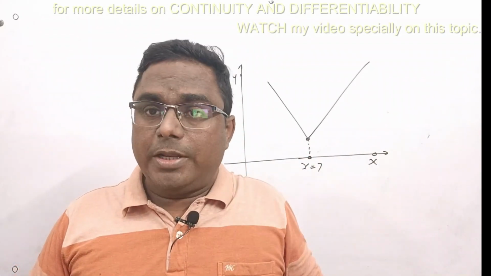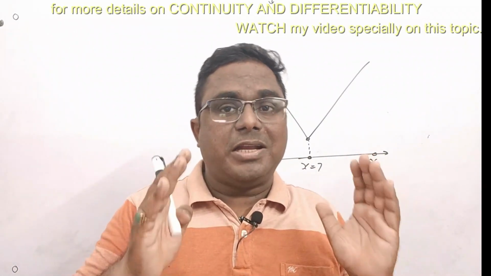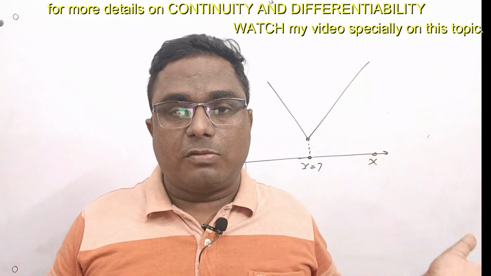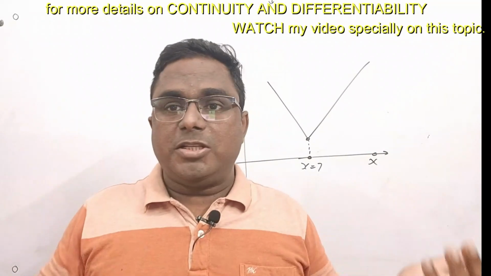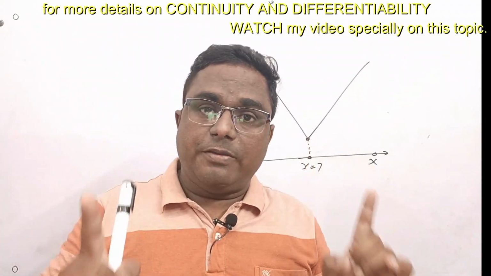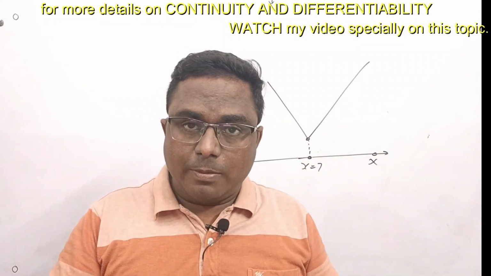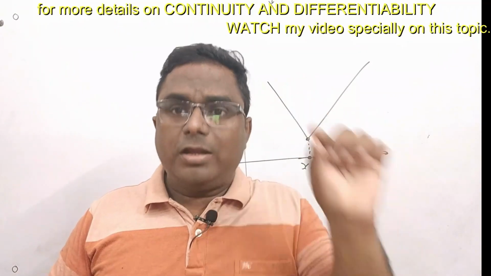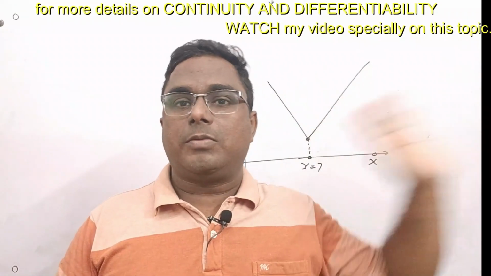For differentiability, it is compulsory that a unique tangent must be present there. If you are able to draw a large number of tangents at a particular point, it means you are not drawing a unique tangent. So the function will be differentiable at a point of the curve only when you are able to draw one and only one tangent at that point.